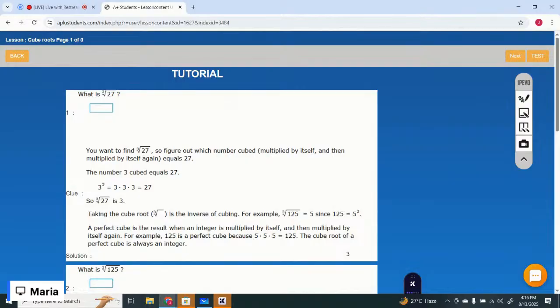Now we need to find the cube root. So cube root means you need to multiply a number 3 times, right? So to find the cube root of 27, we need to figure out which number multiplied by itself and then multiplied by itself again equals 27, right? So the number multiplied by itself 3 times. So that is 3 times 3 times 3. 3 times 3 is 9 and 9 times 3 is 27.